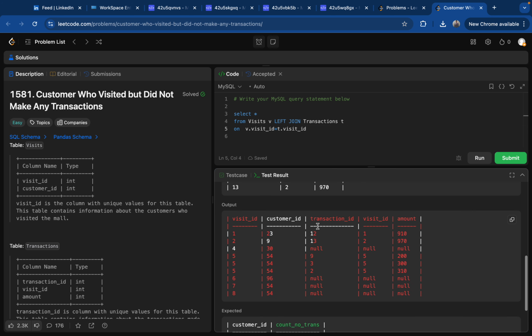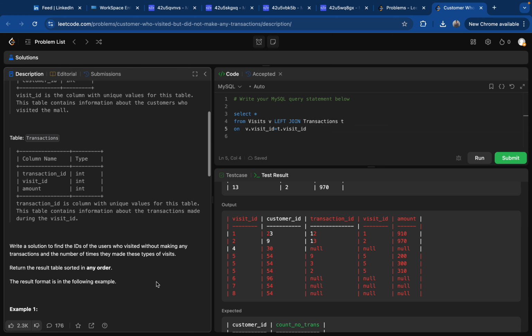So now let's look at this one. Customer with ID 1: the first 2 columns are from visits and the next 3 columns are from transactions, and wherever there is no transaction, it will show us null. So he visited and made a transaction. This one also visited and made a transaction.